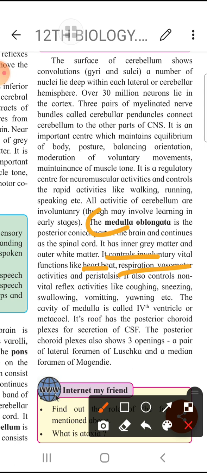So vasomotor is related with your movement of blood inside the body, right? And peristalsis is related with your food movement. You don't have to tell your stomach, आपने खाना खाया तो क्या आपको बताना पड़ता है क्या पेट को, चलो डाइजेस्ट करो? No. Even you don't know where exactly the food has reached. So it is involuntary. So who is controlling it? It is your medulla oblongata.